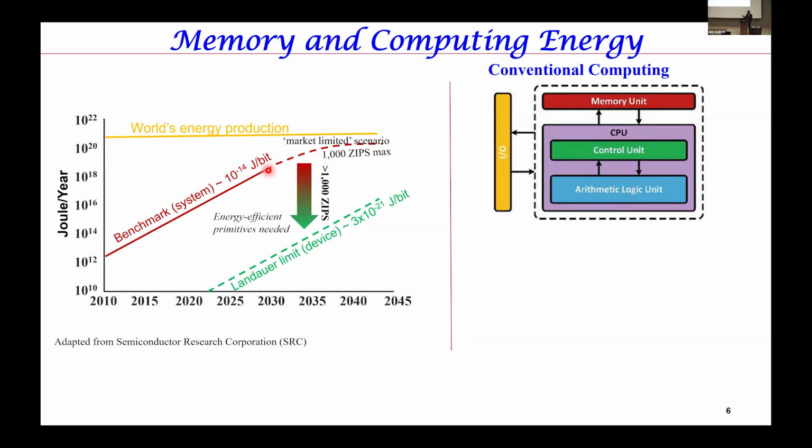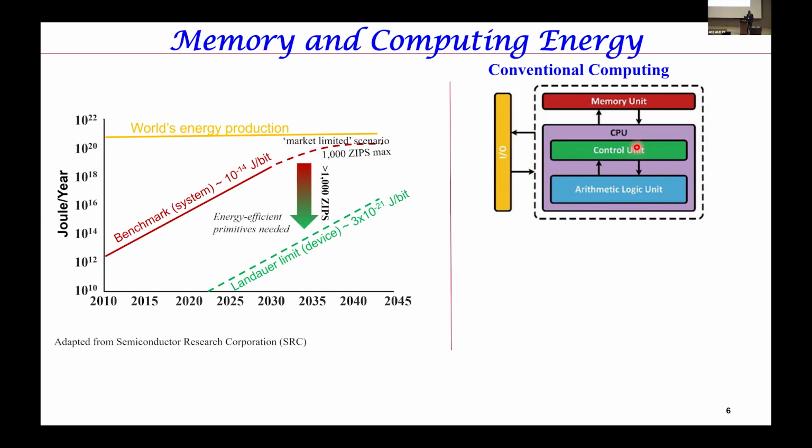That is why there's a lot of effort and investment in energy efficient electronics to bring down this curve towards the fundamental limit of electronic operation, which is known as the Landauer limit. So you can see there's orders and orders of magnitude of opportunity to make electronic systems or electronic primitives much more efficient. So why are electronic systems today very energy hungry?